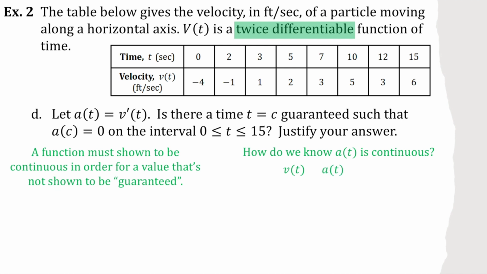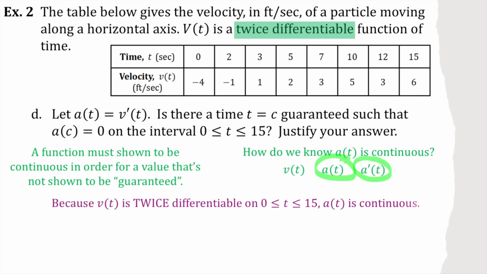It says it's twice differentiable, which means we can take the derivative of acceleration. Well, if acceleration is differentiable, that means it's also continuous. So we can say because v of t is twice differentiable, we know that a of t is continuous.